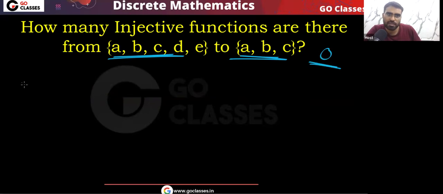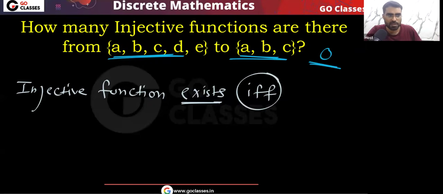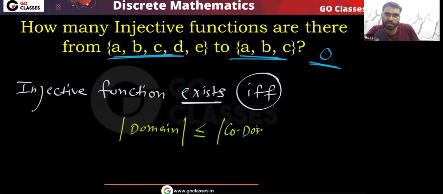You already know that an injective function exists if and only if the domain cardinality is less than or equal to the codomain cardinality. In this situation, the injective function exists. Otherwise, the injective function will not exist.